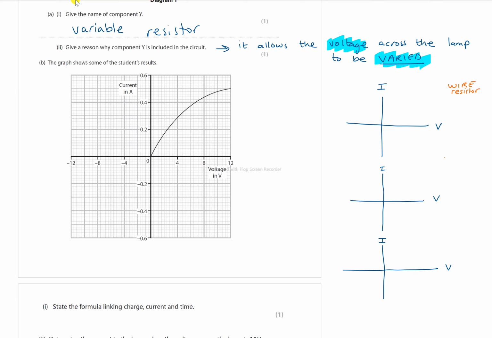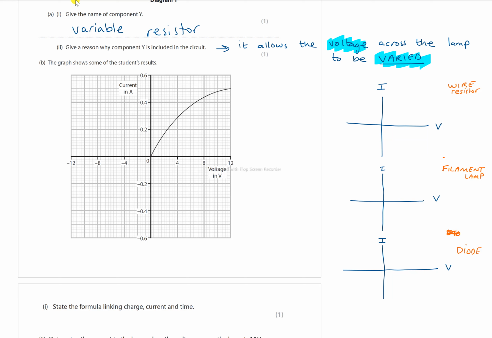This one is going to be for a filament lamp, or okay, filament lamp or bulb, and this one is going to be for a, let me put it down here, diode. That allows flow of current in one direction only. Yep. Right.